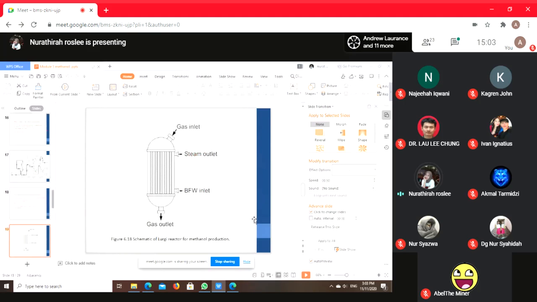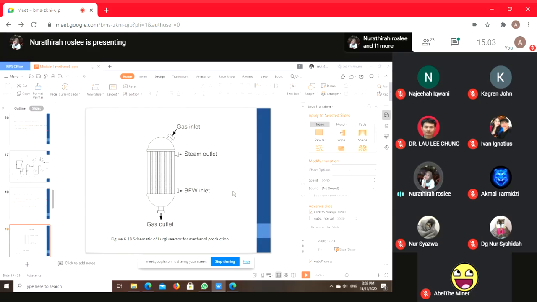Okay, this is a schematic of the Lurgi reactor for methanol production. In figure 6.18, the Lurgi process is very similar to the ICI process except for the reactor type. In the Lurgi process, a cooled tubular reactor is used, and the catalyst particles are located in the tubes and cooled by boiler feed water.